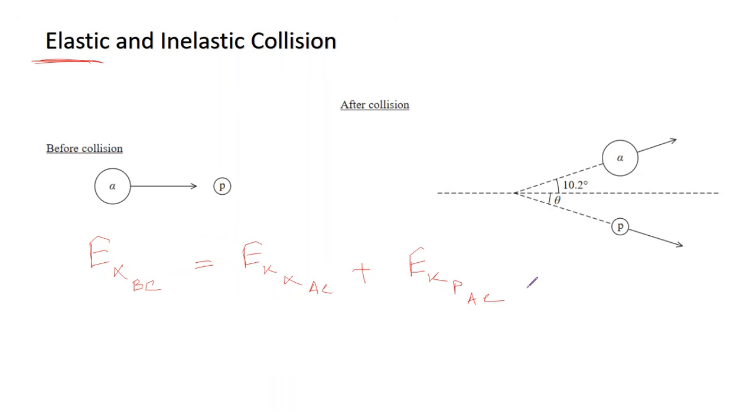You might be wondering, wait a second, so these are in different directions. Do I consider components? No, you don't have to. The reason is you're dealing with energy. Energy is a scalar quantity. You only need to deal with components when it comes to vector quantities. When it comes to scalar quantities, you don't have to consider components.